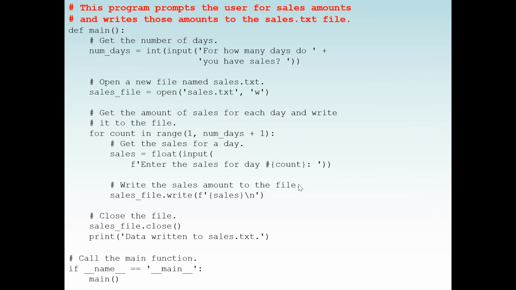In order to write the sales amount, we have to use the file object, which is sales file. So sales file dot write, and we are writing the content that is in the sales variable. After we finish writing, we close the file. Then, in this case, we want to print that the data was written to sales.txt.